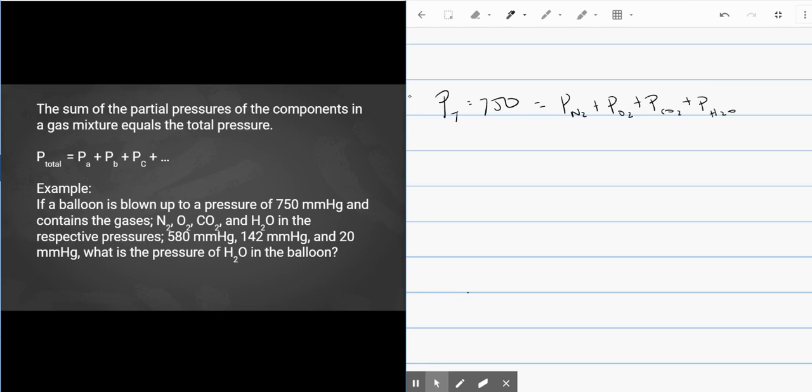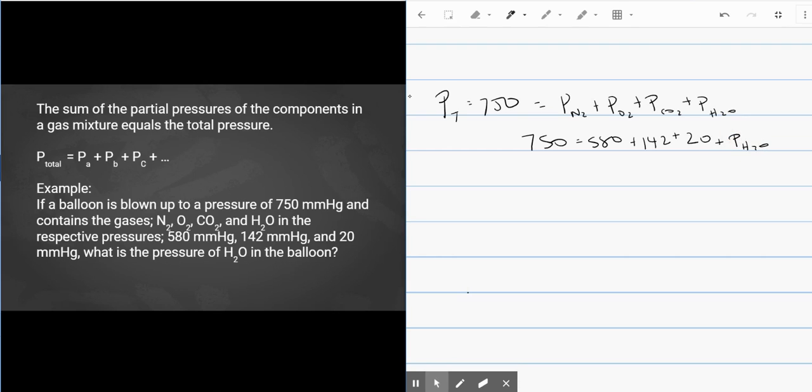We can plug in our knowns and solve for the water that we're missing. So we have 750 is 580 plus 142 plus 20 plus the pressure of water.